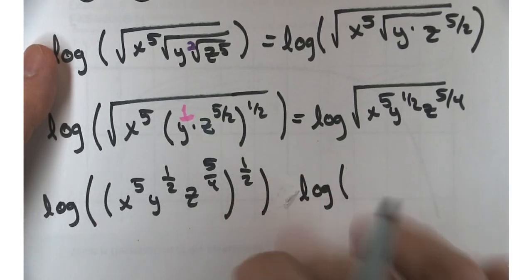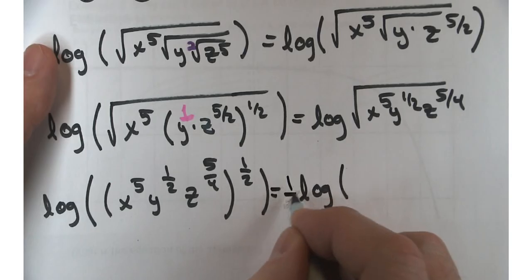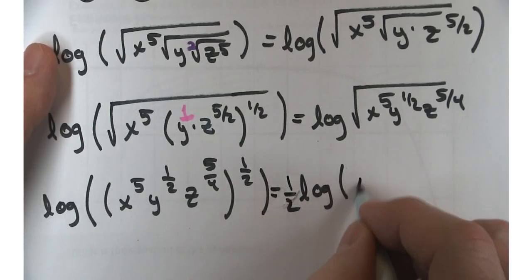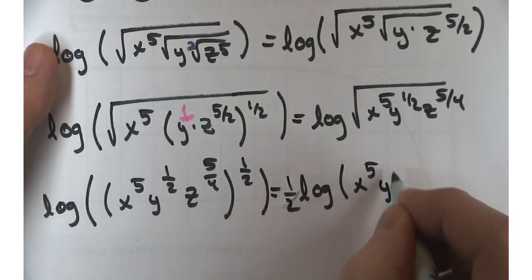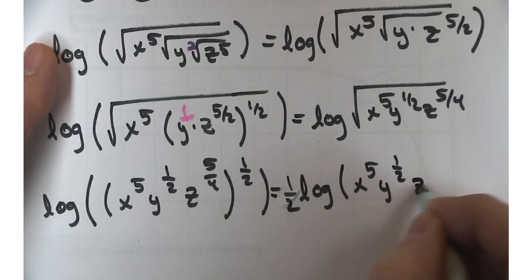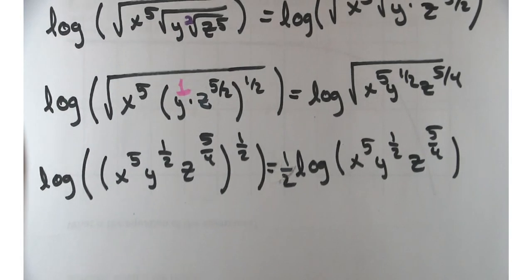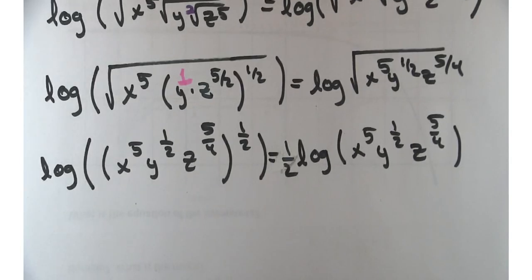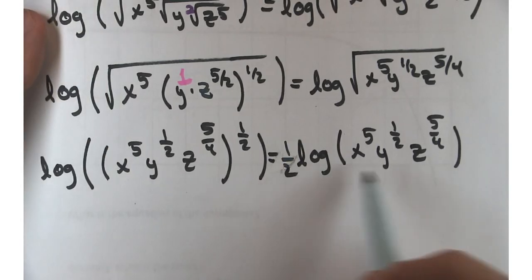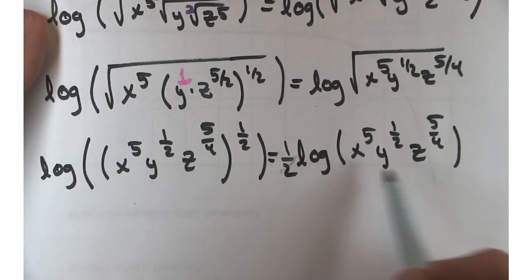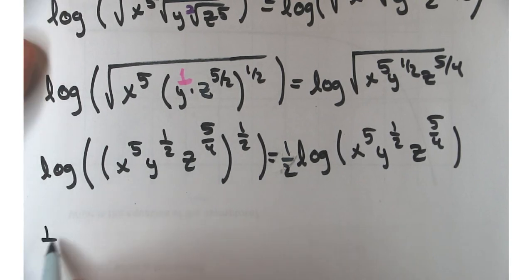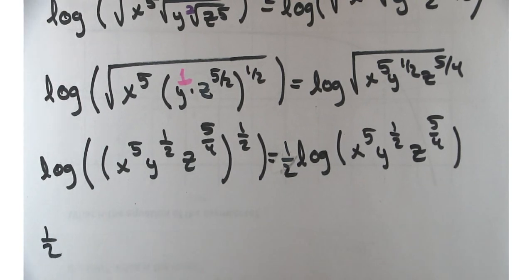So let's equal 1/2 times log of x to the 5th, y to the 1/2, z to the 5/4. So that's a nice friendly approach to this. It does mean we're going to have to be a little bit more careful in one regard. I still need to use my product and power rules here. Let's start out with the product rule first.